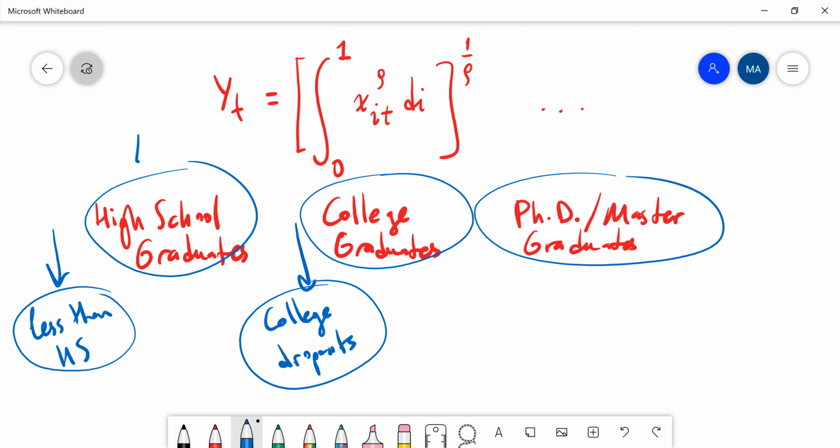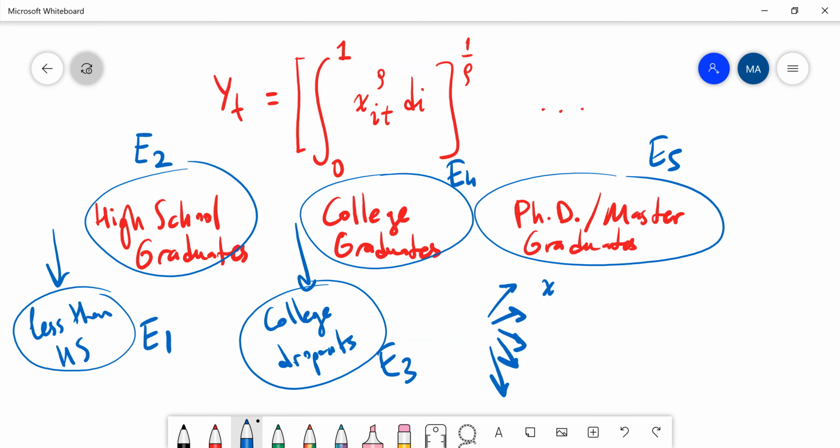And each of these different people in education levels. So suppose that this is E1, E2, E3, E4, and E5. Now, you have to assign these different people to different tasks, right? X1, X2, X3.